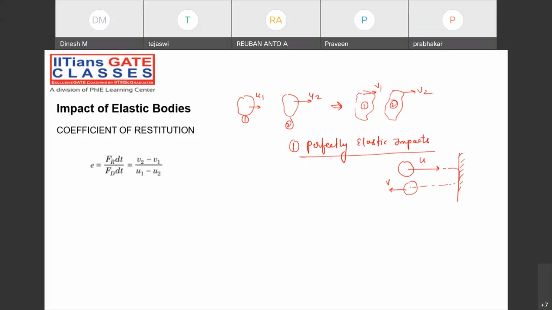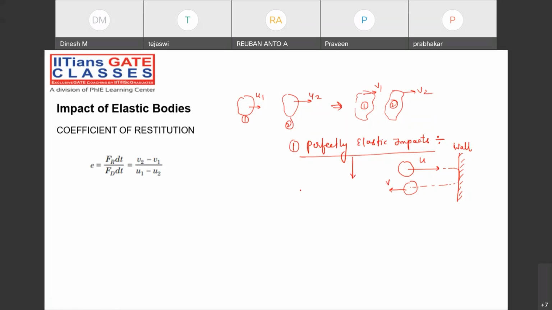All of you are understanding? The perfectly elastic impact is where a ball strikes and comes back. That is the elastic impact, right? What do you mean by elastic impact?